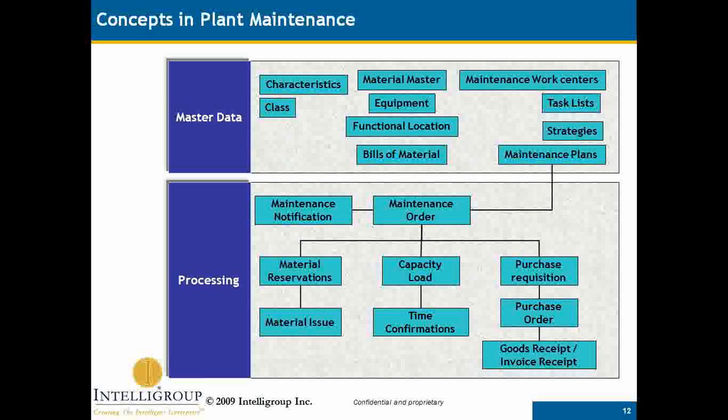Something happened in our functional location, so someone has to repair that, either a repair, inspection, or prevention, whatever it may be. Then one person or a group of persons have to get the material reservations, capacity load, time confirmations. So who will create the maintenance order?